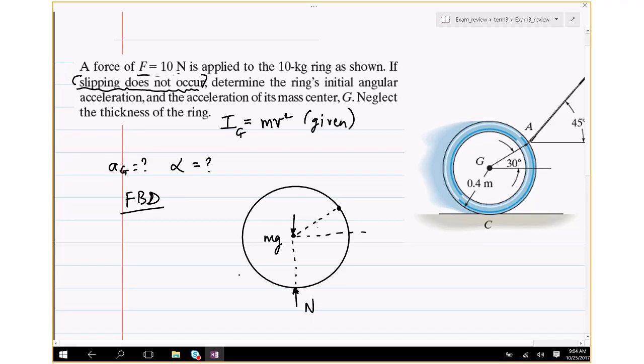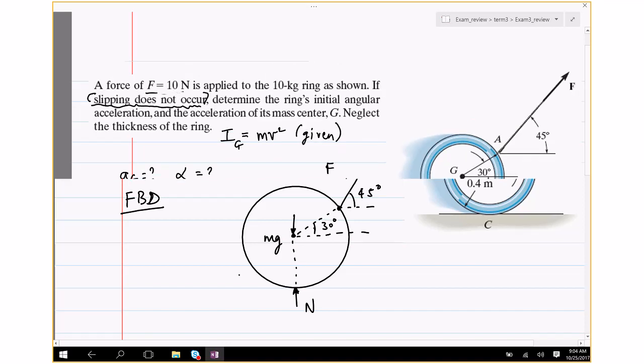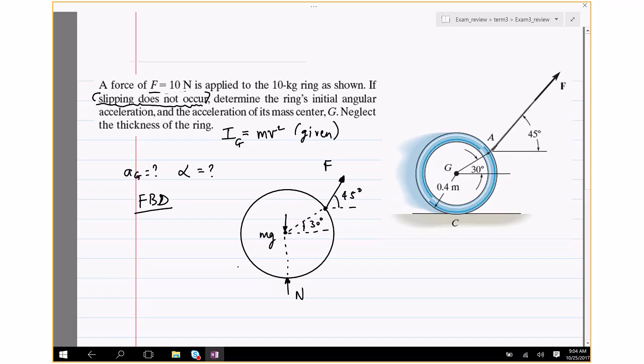So this is 30 degrees, this is 45 degrees. Okay, does that look okay? Is it complete? It's not complete.